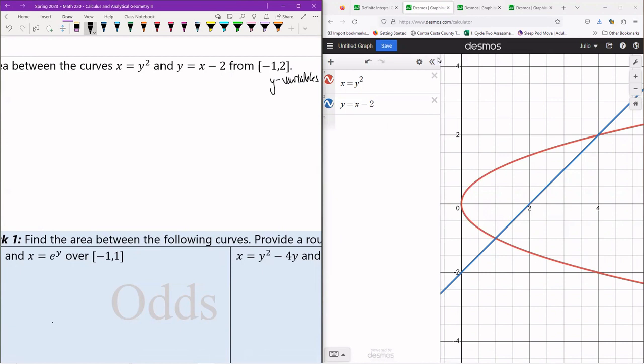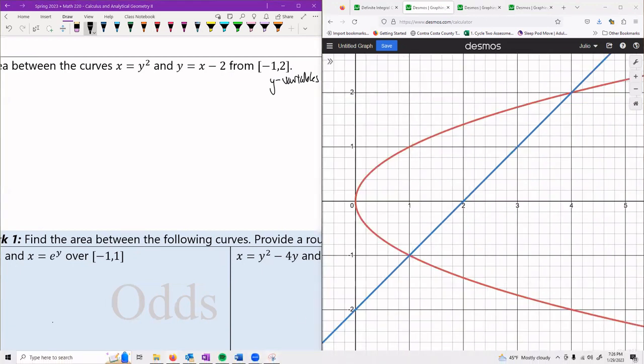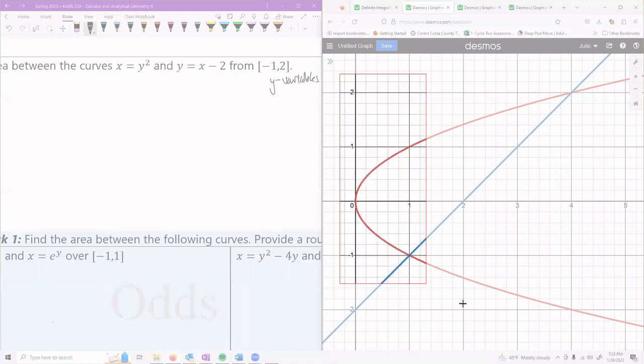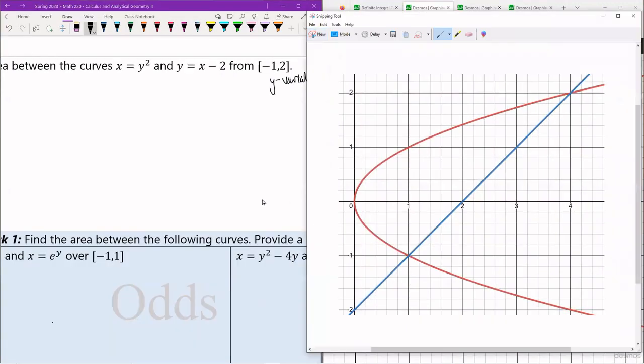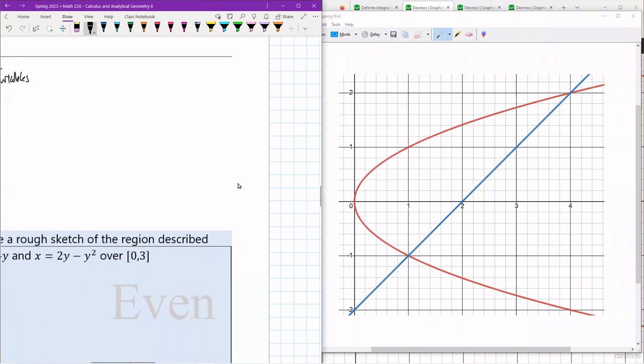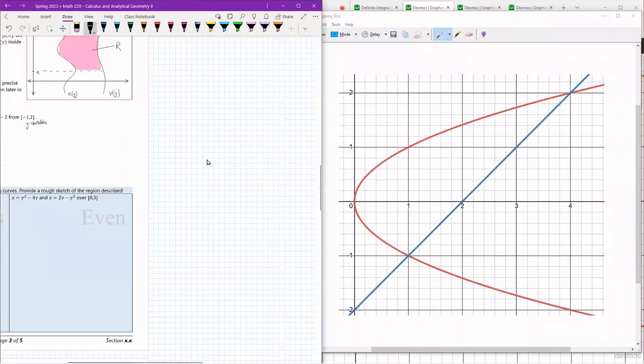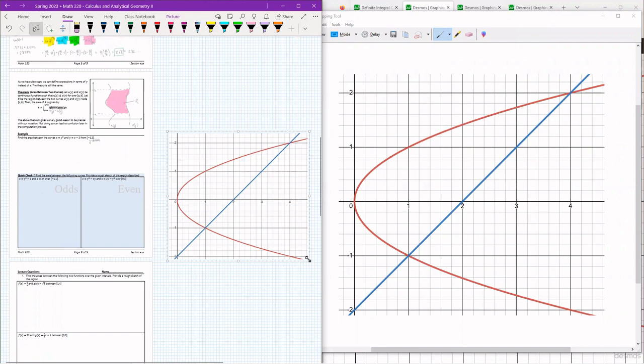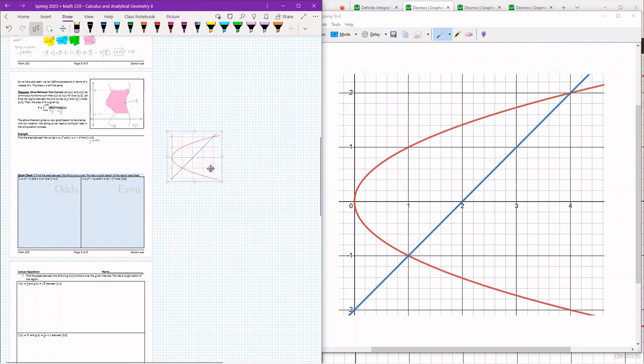So I'm going to go ahead and minimize this. I'm going to take a picture of that. Bam. There we go. Zoom out a little bit. I'm going to put it down there. Okay, so we know what we're looking for.